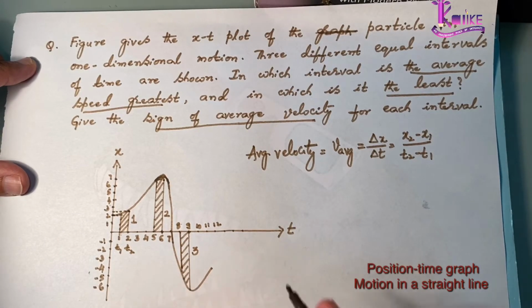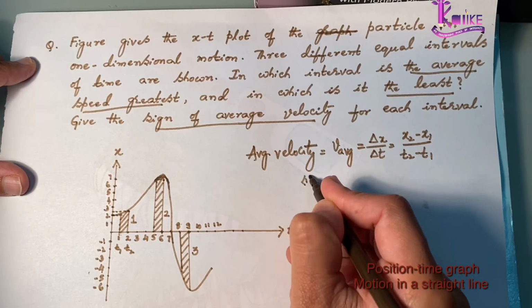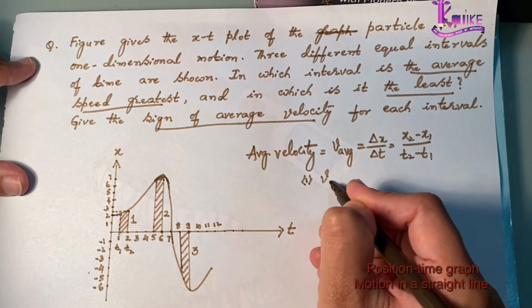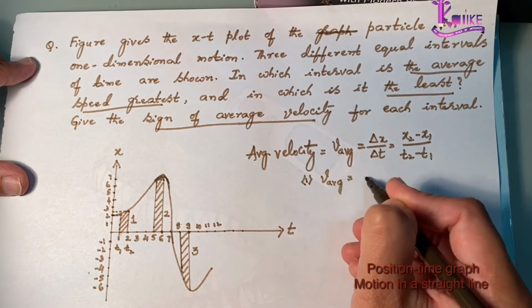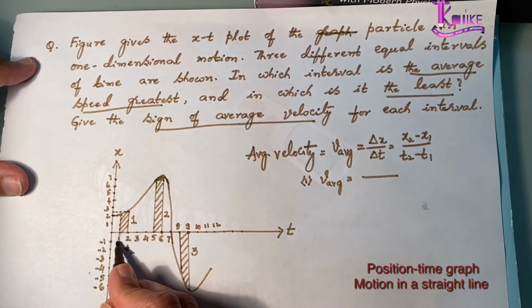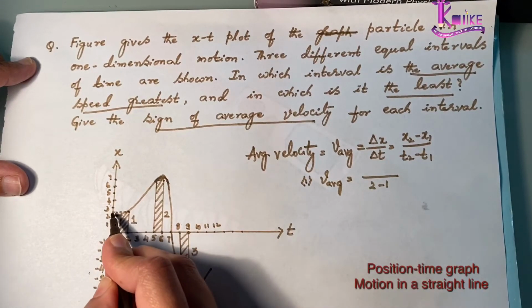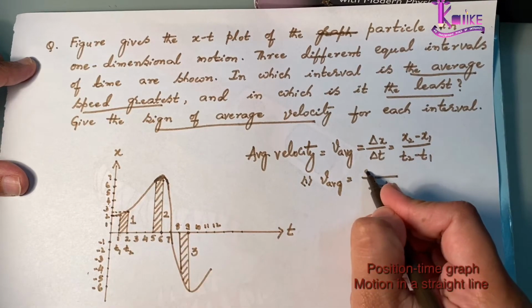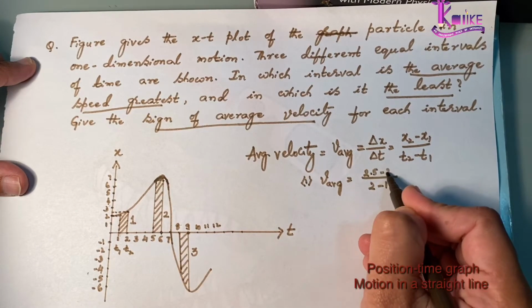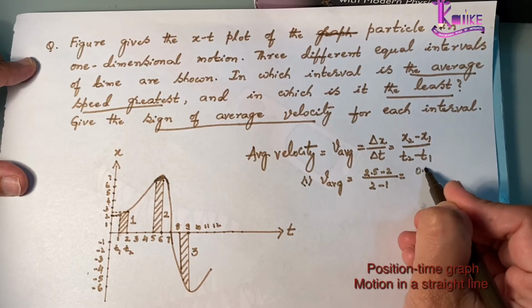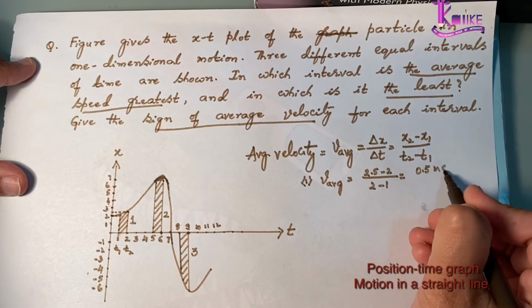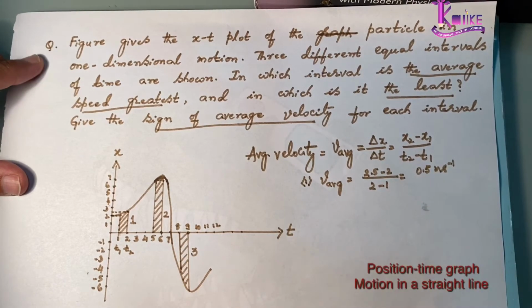So in the first case, the average velocity: in the denominator you have 2 minus 1, which is the time, and in the numerator you have 2.5 minus 2. So this is 0.5 divided by 1, so 0.5 meter per second.